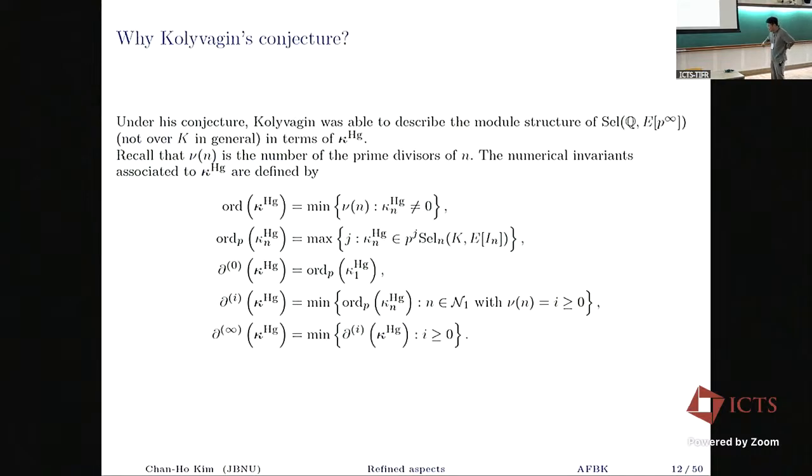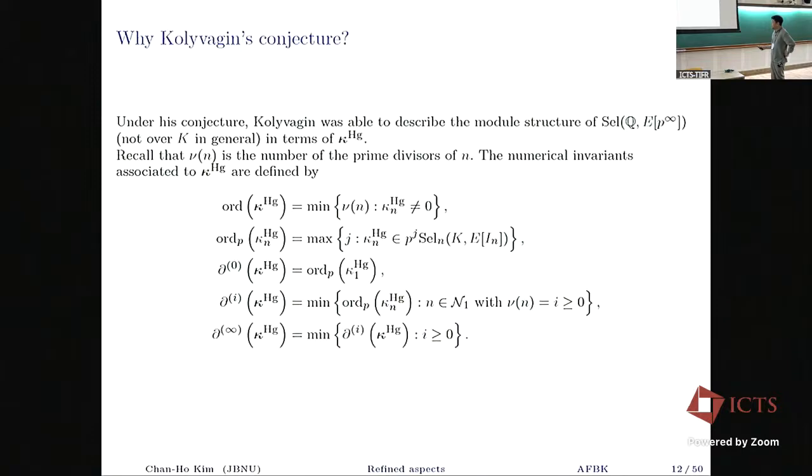Before stating the theorem, I need to introduce some notation. Under his conjecture, what Kolyvagin did is that he described the module structure of this Selmer group over Q, not necessarily over K, in terms of kappa Heegner. Yesterday this notation appeared. Nu n is the number of prime divisors of n, and here are a number of numerical invariants associated with kappa Heegner. The order of kappa Heegner is the minimal nu n for which kappa n is non-zero.